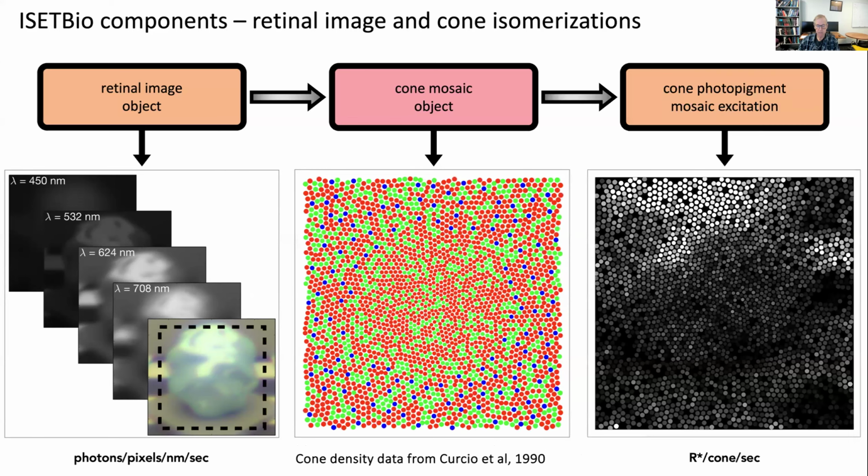The other key data that we use in this initial part of the calculation is a map of where individual cones are. We synthesize these mosaics with an algorithm that Nicholas Koteris, who's on the call, developed. It's based on matching the cone density data, and the algorithm will work with any cone density data. We're using data from anatomical measurements reported by Christine Curcio and her colleagues.